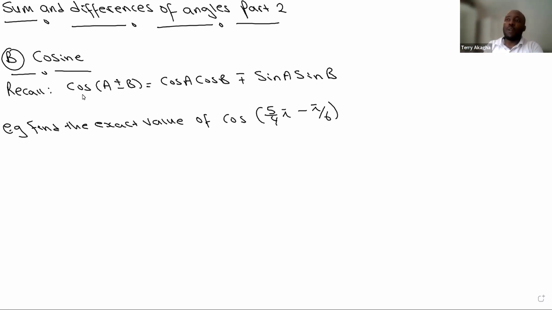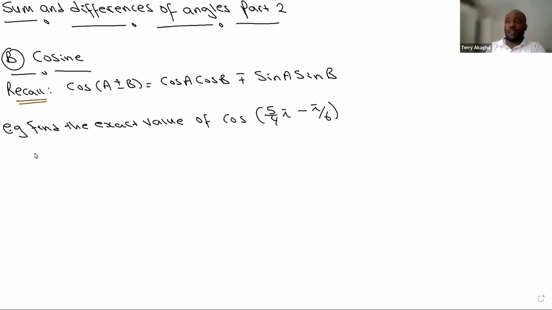You should recall that for cosine, cos(A plus or minus B) is cos A cos B minus plus sine A sine B, meaning that when the sign on the left is positive, the one on the right is going to be negative, and when it is negative, it is going to be positive. Now, you are told to find the exact value of this, for instance, and it follows the same 5 rules you're aware of already.